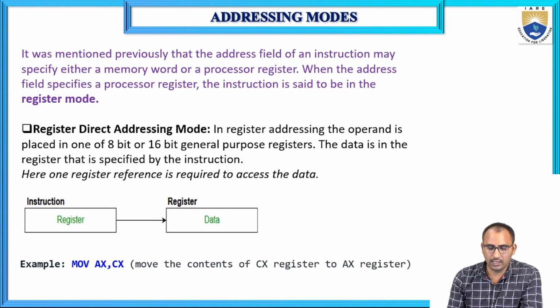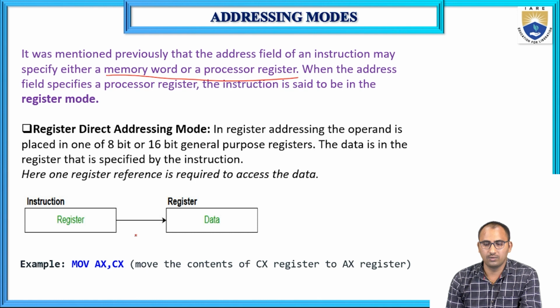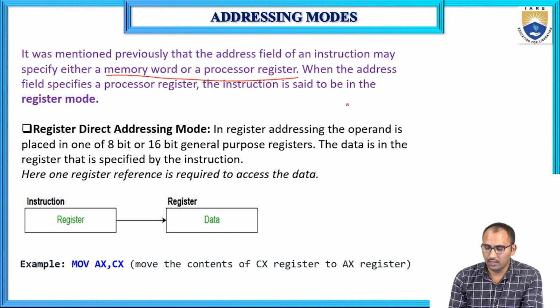And coming to the next type of addressing modes, it was mentioned previously that the address field of an instruction may specify either a memory word or a processor register. So the operand we can specify either in a processor register or in a memory word. When the address field specifies the processor register, the instruction is said to be in register mode.